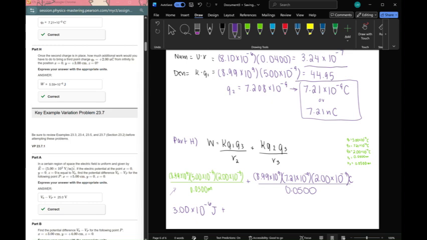And then for the second one, I got 2.5927. I'm not gonna round it now; I'm gonna keep it like that and round it in the end. We're gonna round it to 3 here, times e negative 6, same thing, joules. And now we're gonna add both of them, and I got 5.589, so let's round it to 5.59 times 10 to the power of negative 6 joules.